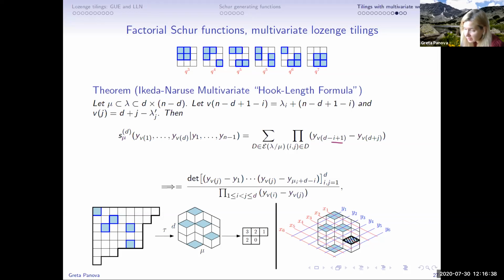So these are certain parameterizations, and these are actually the permutations that are the Grassmannian permutation, but we're not really going to go into that right now. And then we get a factorial Schur function, and a factorial Schur function has a certain determinantal formula definition similar to Weyl's determinantal formula, but with parameters. So we have a formula like this, and this is how we got the other determinantal formulas.